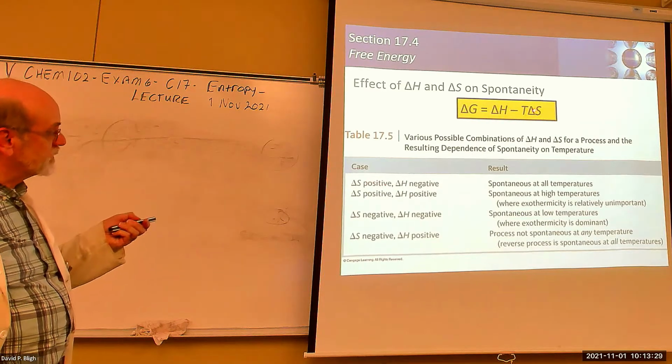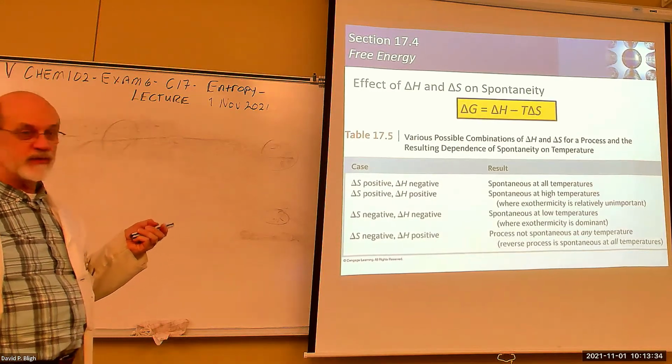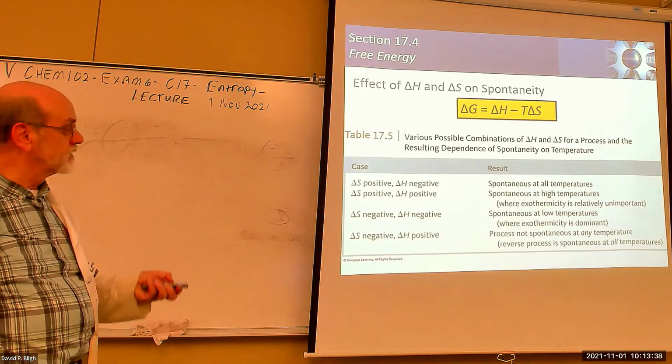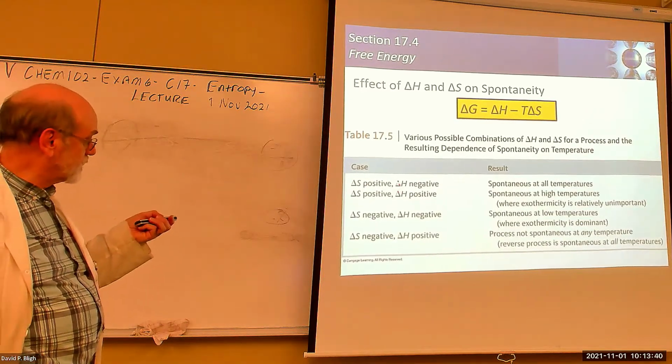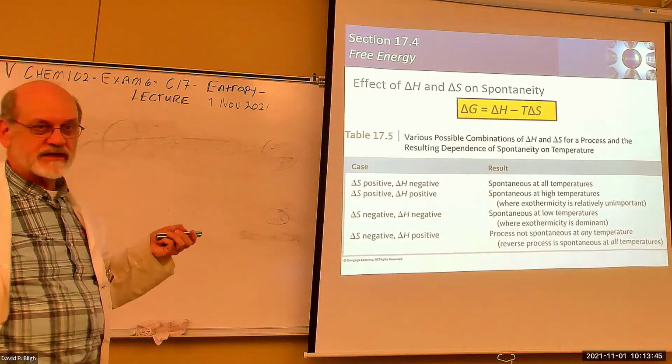Delta S is positive, so the term is going to be negative. That means both of them together will be negative, so it doesn't matter what the temperature is. Under this situation, the process is spontaneous.